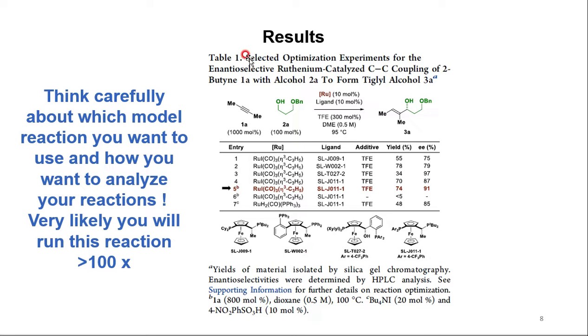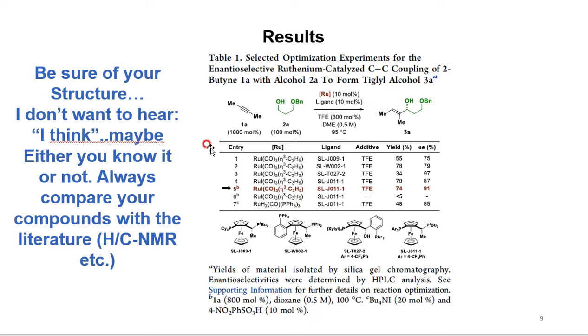You don't necessarily have to give me a title for the table, but just show me one table after the other. And be sure of your structures. If I want clear answers, not "I think this is the structure" or "maybe". Always compare your spectra with the literature for well-known compounds, or fully analyze them so that you're sure what you're talking about. We are in science, so we want to know, and we have the tools to know.